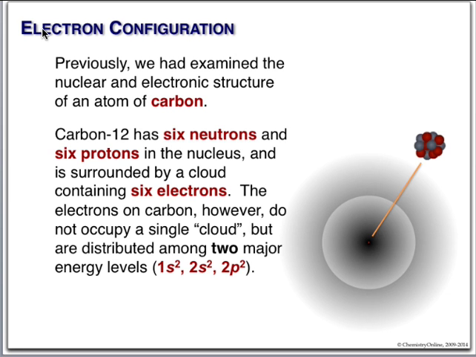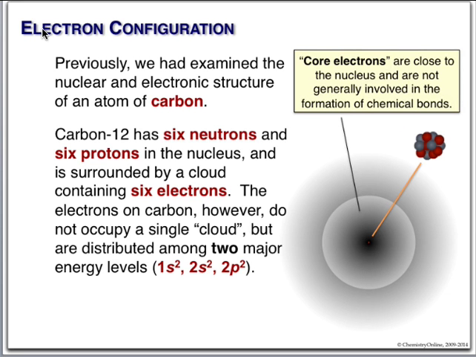When we say that, we're talking about the core electrons here. Core electrons are the ones that are closest to the nucleus, and they're the least interesting because they don't do anything. They just sit there. So the 1s here is totally full. The 2s electrons and 2p electrons are out here.